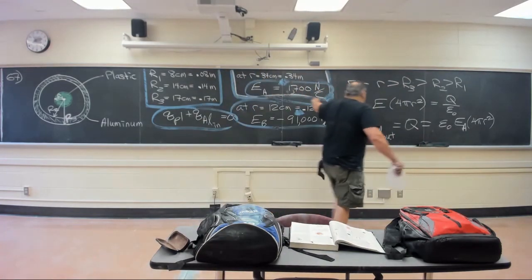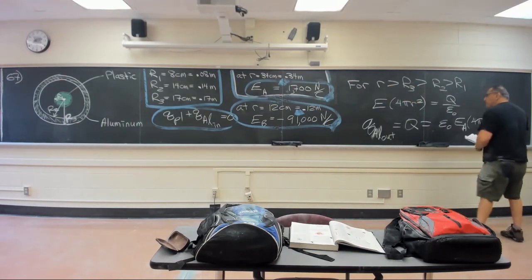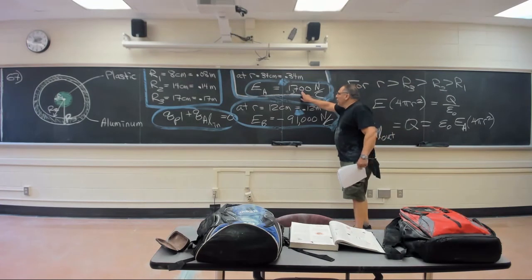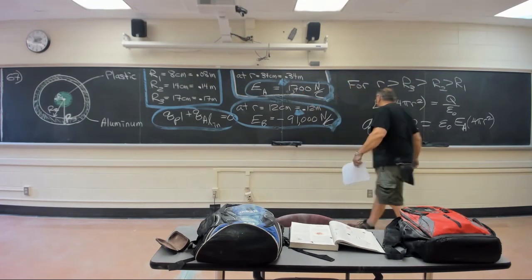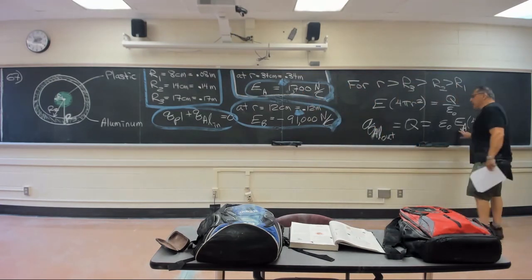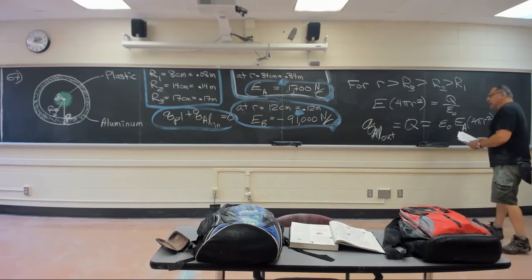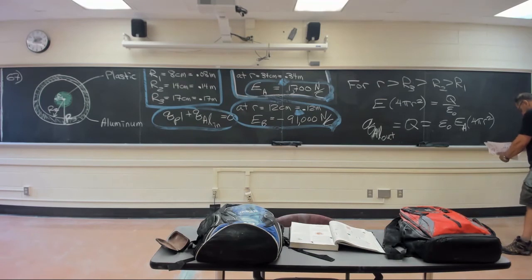You've got E sub A equals 1700. You got epsilon naught, the 8.85 times 10 to the negative 12. Make sure I'm looking at it right, guys.